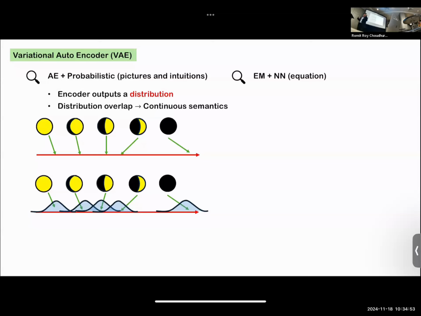So you can add some small noise to that latent. And the teaser is that because these distributions overlap with each other, this overlap creates the semantic continuity of the variational autoencoder, and we will see why.